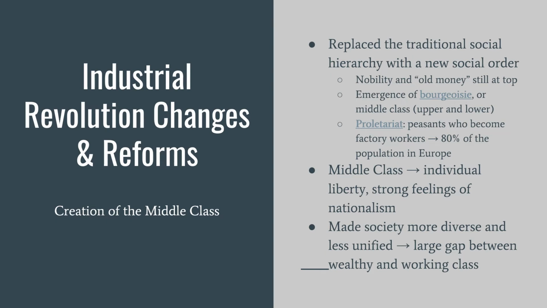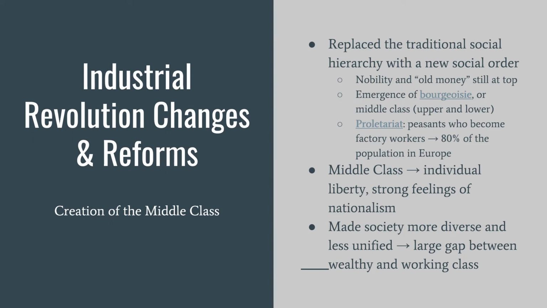You're either a peasant or you're a noble. And we start to see with the Industrial Revolution, people changing their social class, being able to move up into this new middle class.